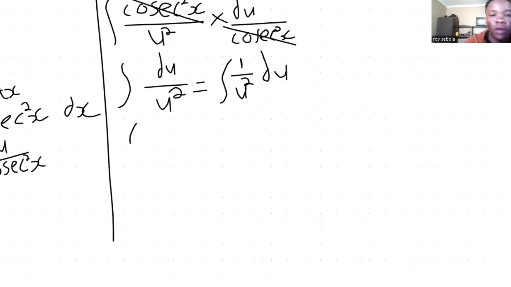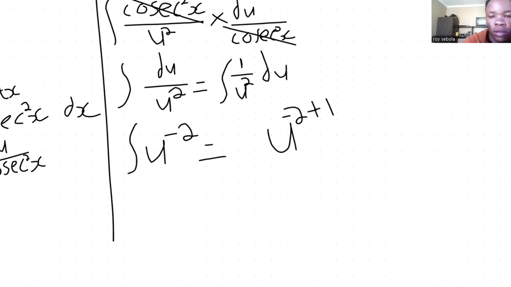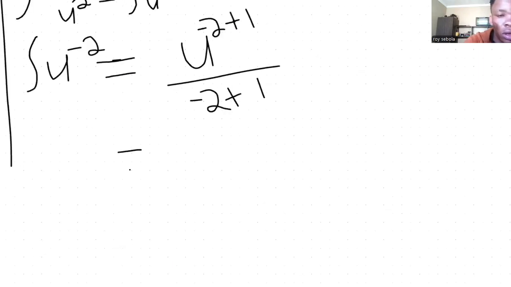So here we will have u to the negative 2 plus 1 all over negative 2 plus 1, which is equal to negative 1 over u plus c.